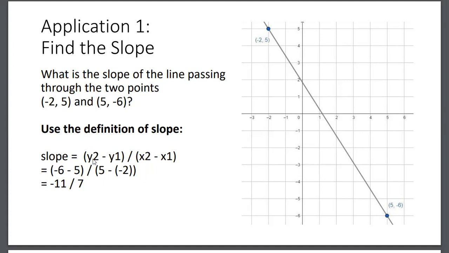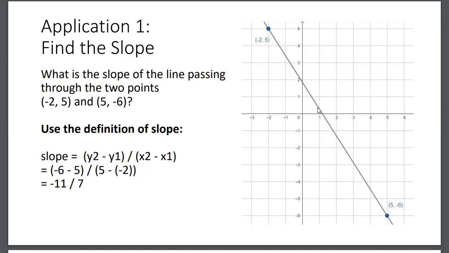Here it is, slope, rise over run. Substituting the values, -6 minus 5 divided by 5 minus a -2, that's 5 plus 2, -11 over 7. The slope, rise over run, -11 over 7.